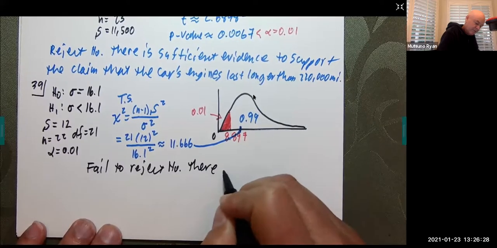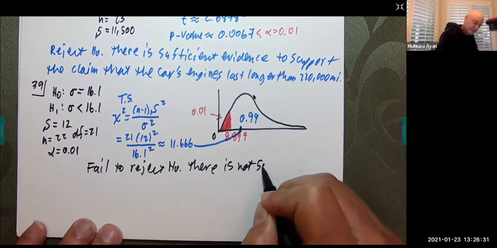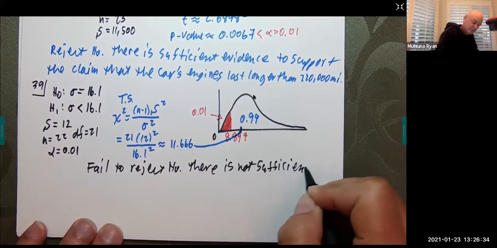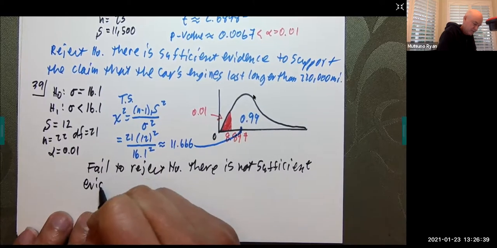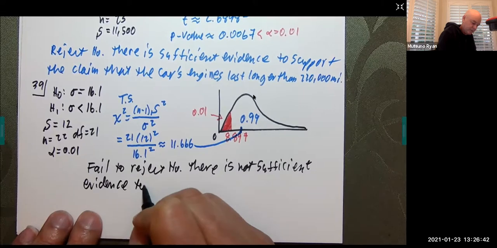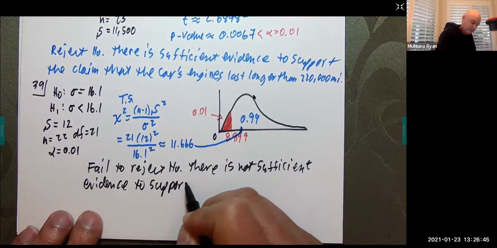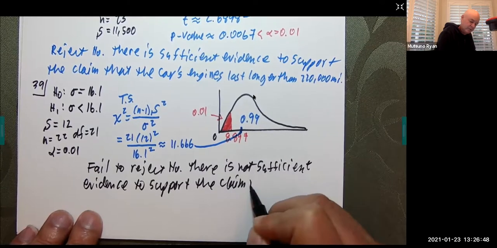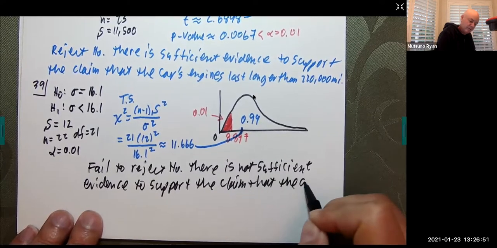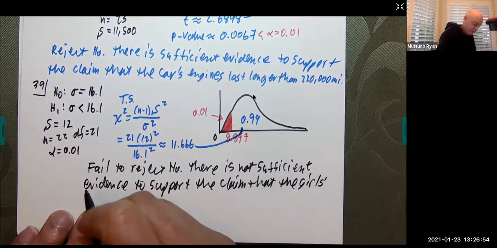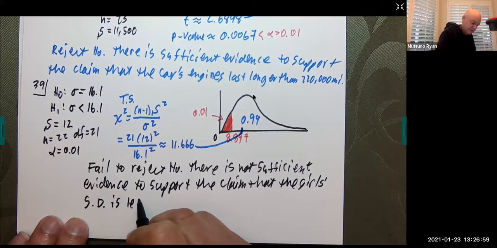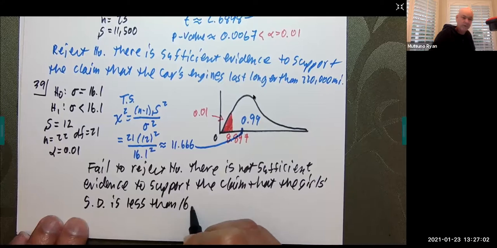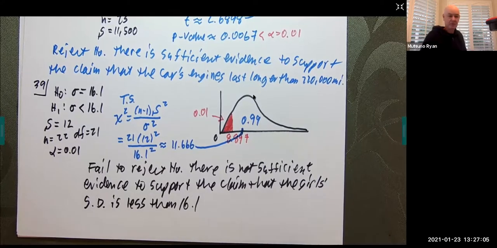So there is not sufficient evidence to support the claim that the girls' standard deviation is less than 16.1. All right. Moving on to number 40.